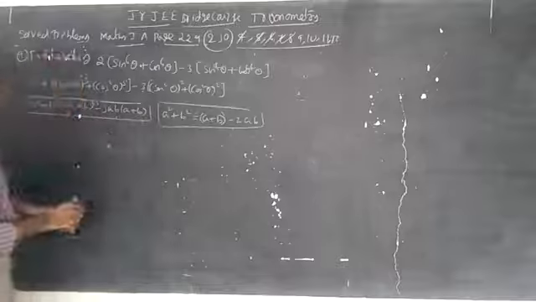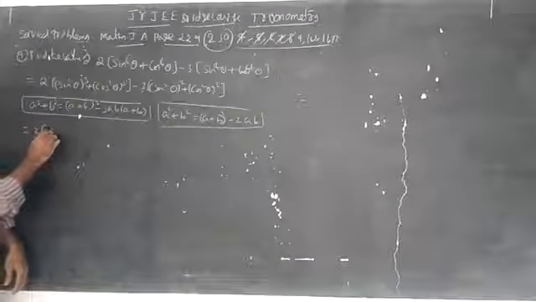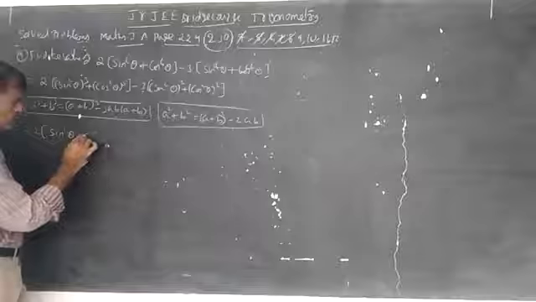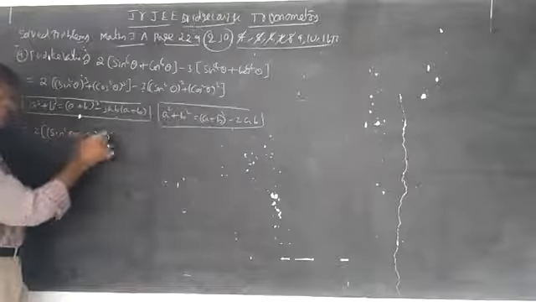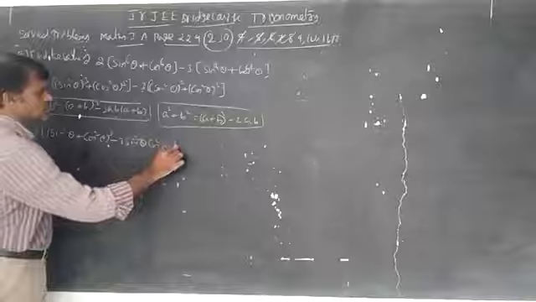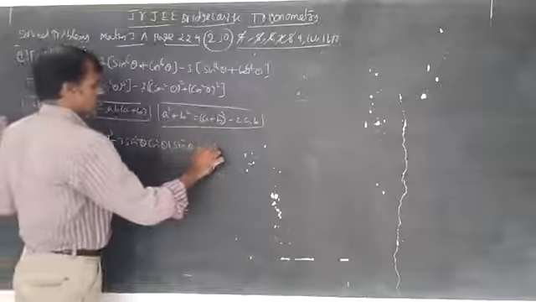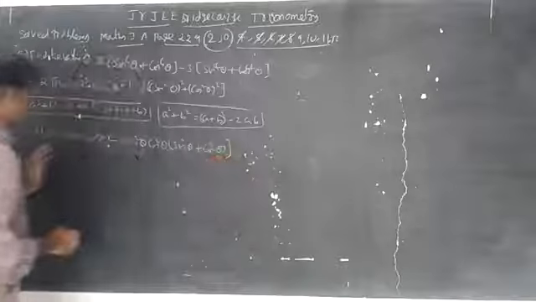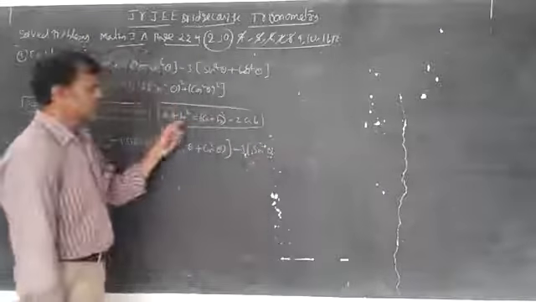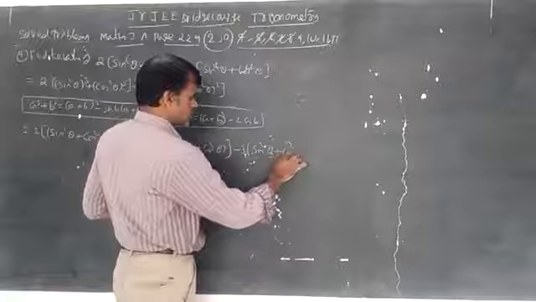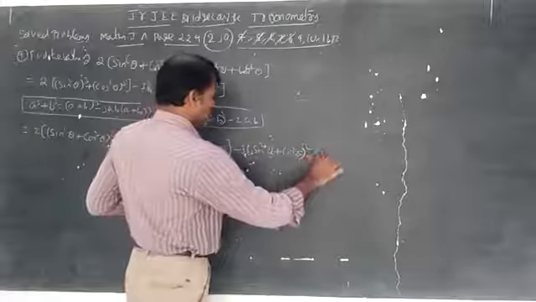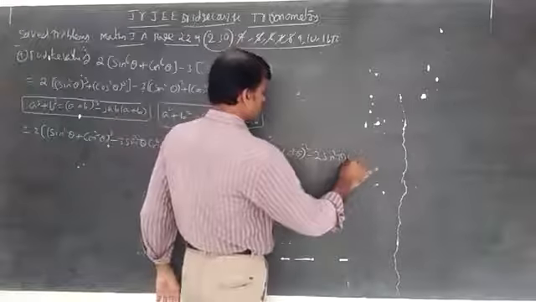That is equal to 2 into sin square theta plus cos square theta whole cube minus 3 sin square theta cos square theta into sin square theta plus cos square theta, minus 3 into sin square theta plus cos square theta whole square minus 2 sin square theta into cos square theta.